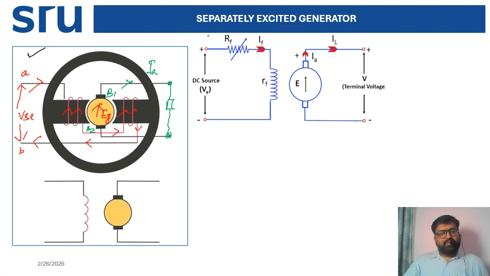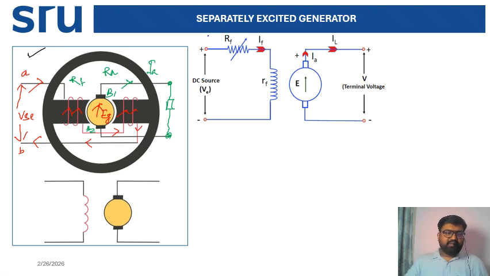This is all about our construction. Both have different supplies and different connections. The conductors definitely have some resistance, and we can denote this one as the field resistance because it is connected in the field. Similarly, the armature winding also contains some conductor, and we can denote this as the armature resistance. Now come to this picture.